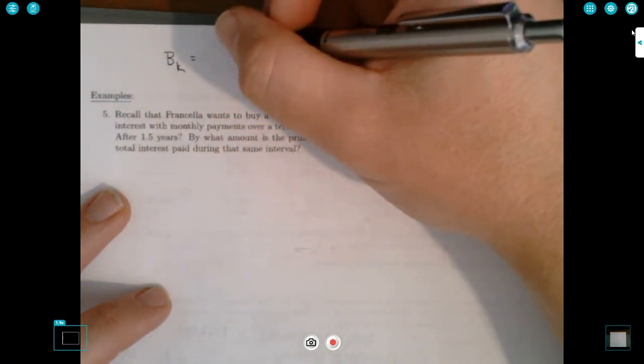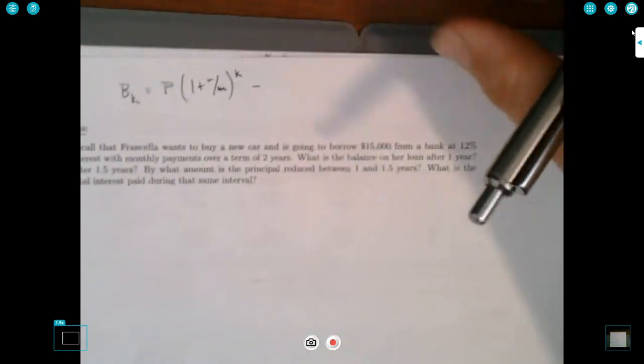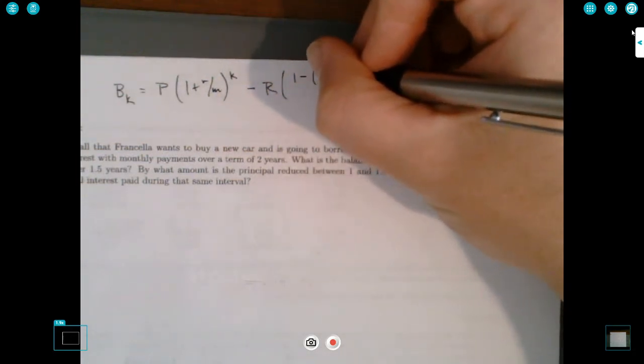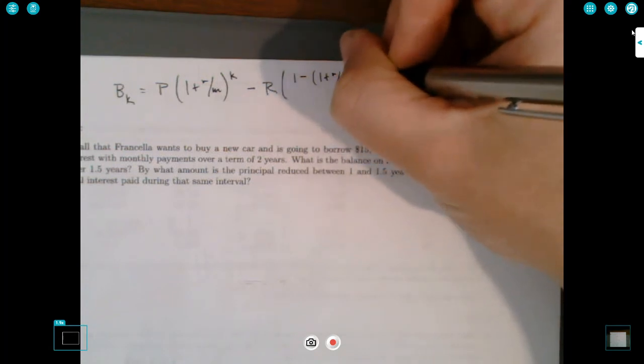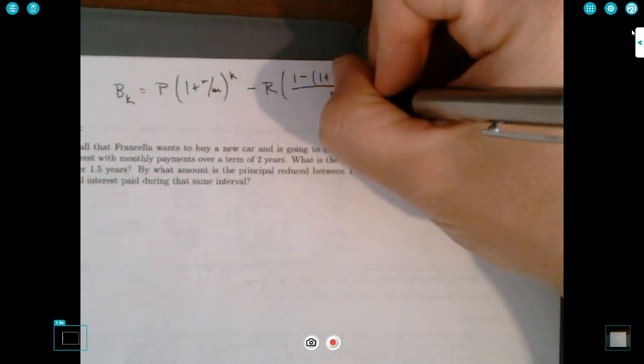So the balance after K payments is going to be the principal amount P times 1 plus R over M to the K, minus the rent R times 1 minus 1 plus R over M to the negative MT over R over M. Okay, so this is the big, nasty, scary formula.